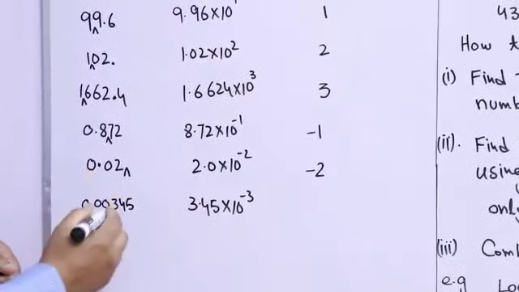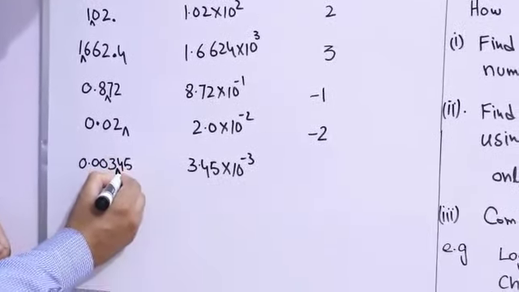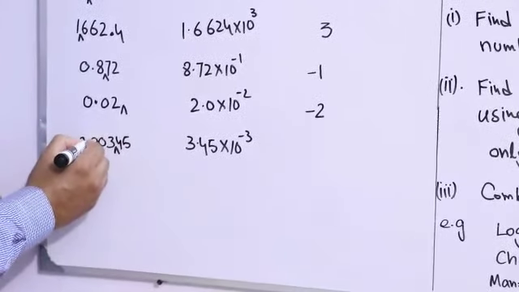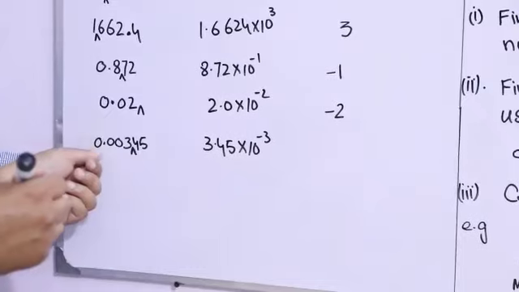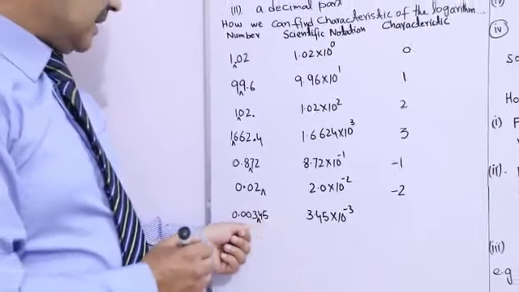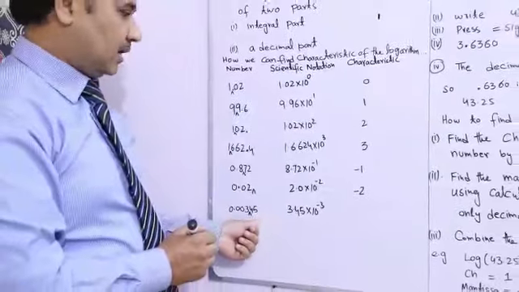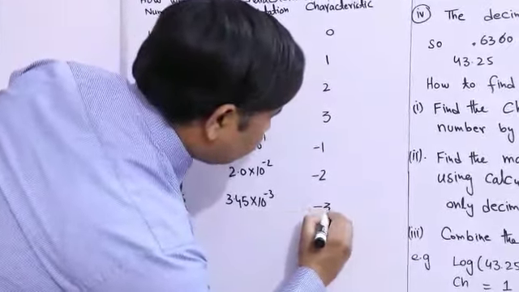Again, here the reference position, first non-zero digit, decimal point, and there are 3 digits between the decimal point and the reference position. Since this number is less than 1, our characteristic is -3.